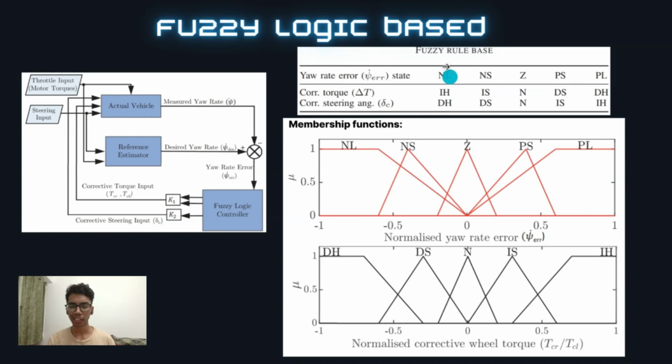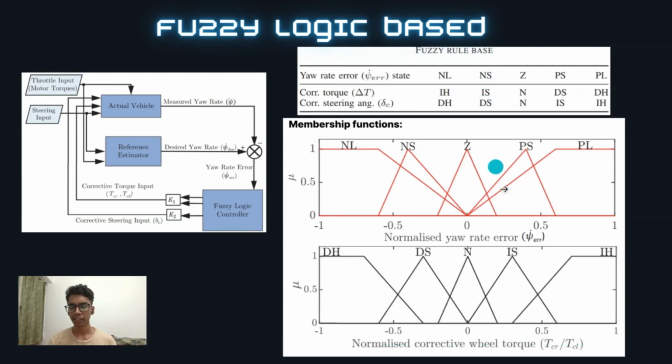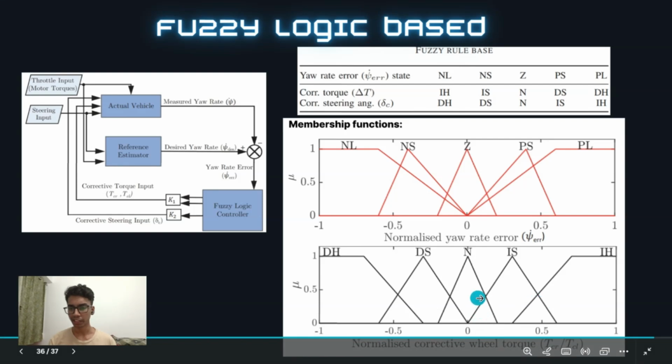Now, negatively large corresponds to increasing the corrective torque highly. So basically, we go here and we consider 75% of this curve, and since NS corresponds to this, we consider 25% of this curve. What is typically done is that we take this newfound area and then find its centroid to give our required corrective wheel torque.